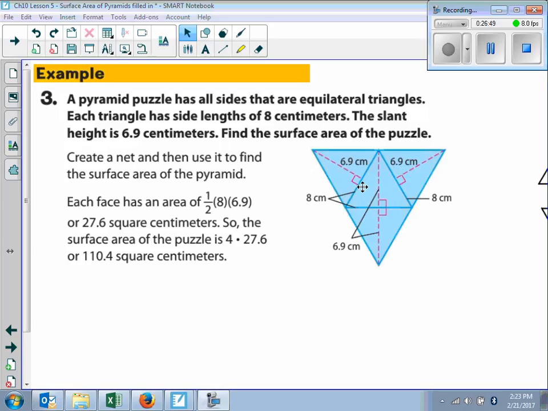So that means they're all the same. We can just find the area of one triangle and multiply times 1, 2, 3, and 4. So here, when we do that, 1/2 times the base times the height, that gives us 27.6 square centimeters. So the surface area of this puzzle is 27.6 times the 4 triangles, which gives us 110.4 centimeters squared. And that's it.